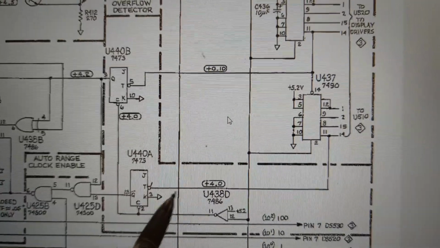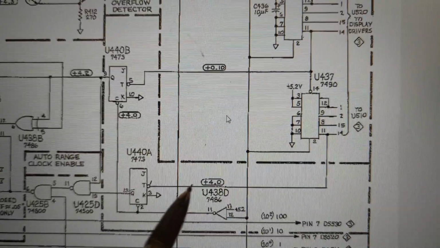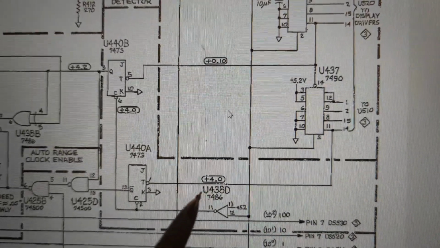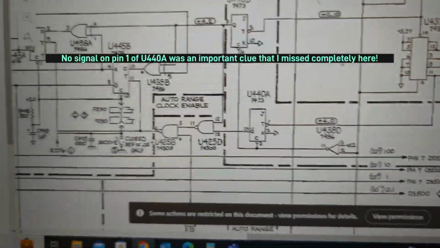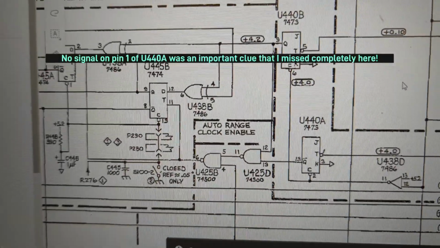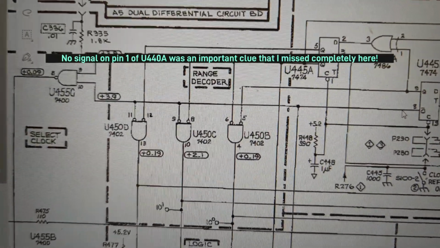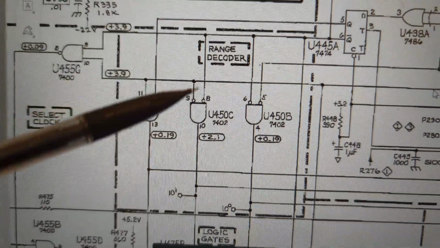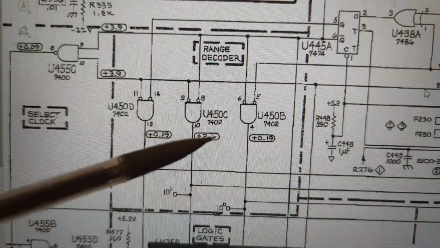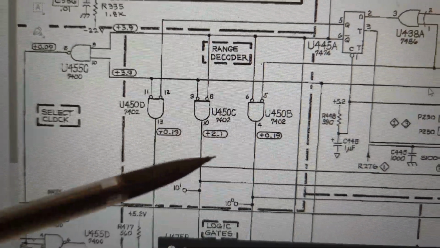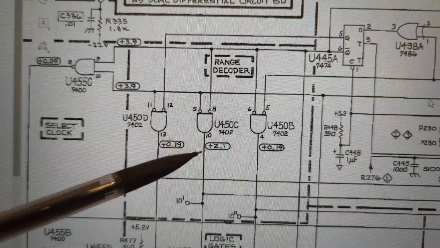It says there's 4 volts. Well, I don't measure 4 volts. I don't measure really anything. It's pretty much close to 0. That got me looking around here, and that could be something to follow, but somehow I ended up over here, the range decoder circuitry, looking at U450C, this quad NOR gate, and there should be 2.1 volts here.